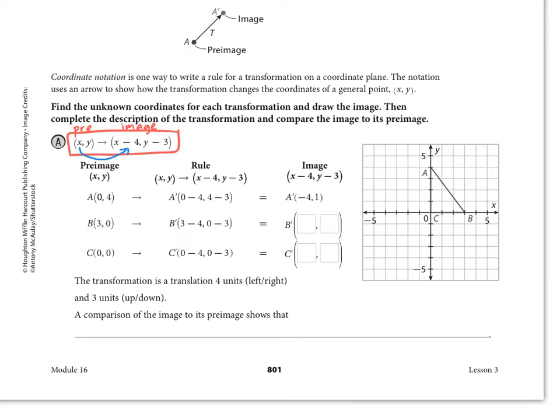So x becomes x minus 4. We have 0 in point A, 0 minus 4, which means our image is going to be negative 4. Similarly, the y becomes y minus 3. So the 4 in point A becomes 4 minus 3, and that is 1.